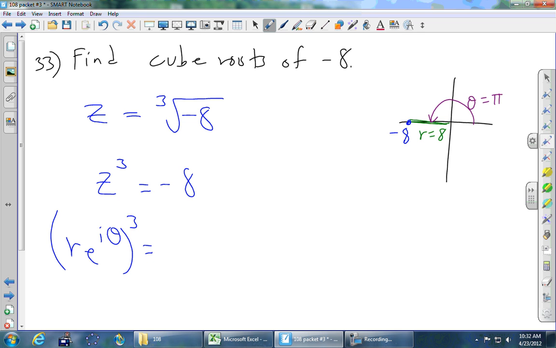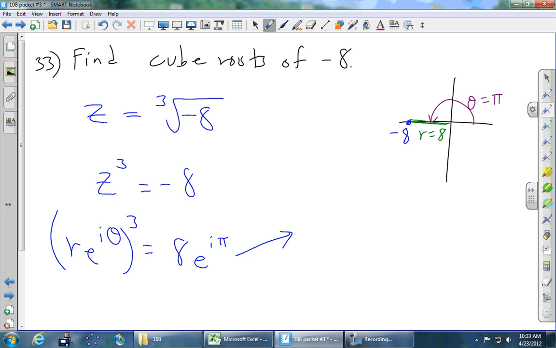So I've plotted my point. It's walk 8 at an angle of pi. That's where -8 lives. So that means that instead of -8, we can put 8e to the i times pi. Okay, and then we will cube everything.